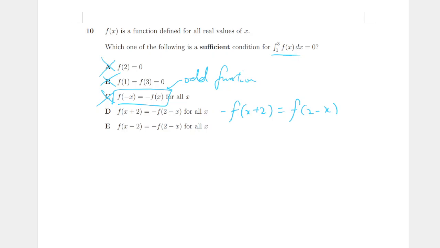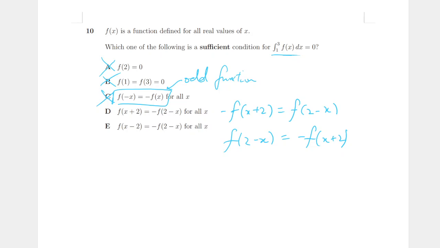Let me make it even clearer. This becomes f(2-x) equals -f(x+2). So what happened is that you added 2 in the brackets, in both brackets, left-hand side and right-hand side. So after adding 2, you get the relationship in C.